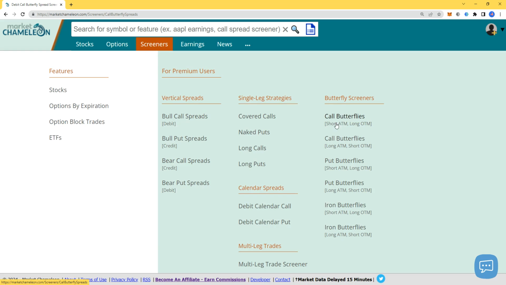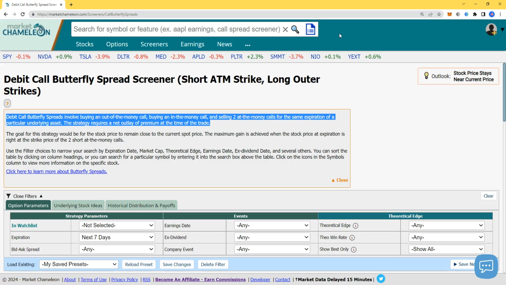Call Butterflies. Short at the money, long out of the money. That's the basic one. This is the one that I used a couple of times on Netflix, but I did it randomly. I haven't used Market Chameleon Edge, which we're doing today. So yeah, it wasn't that good. But with the Edge, I can make more and risk less. So let's see what we got.